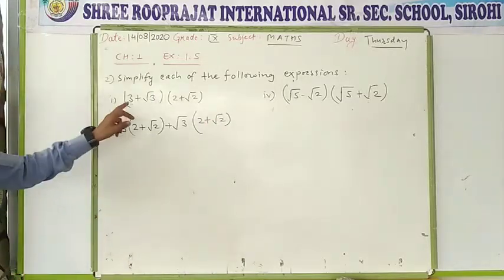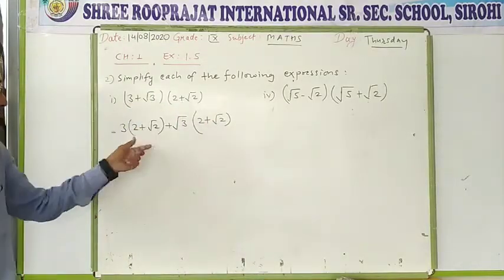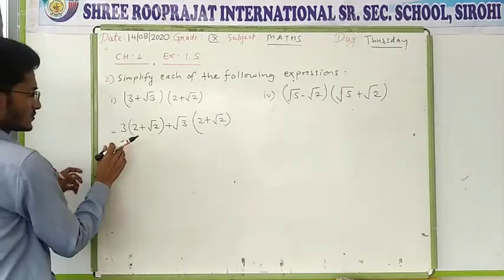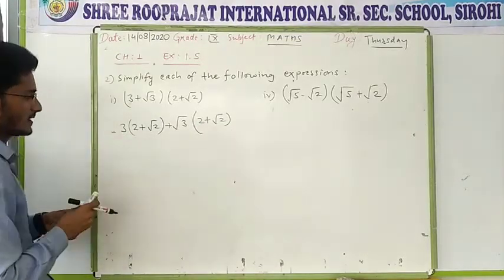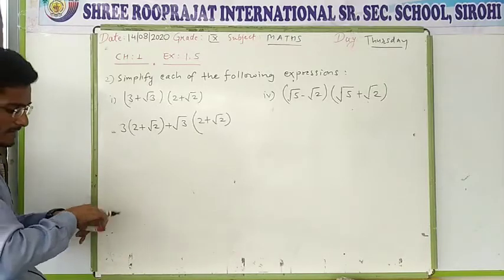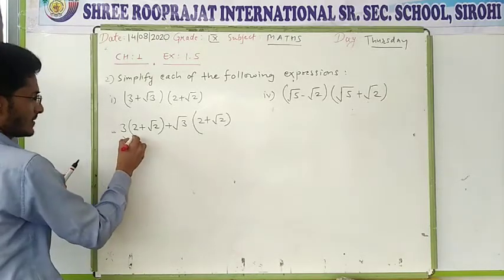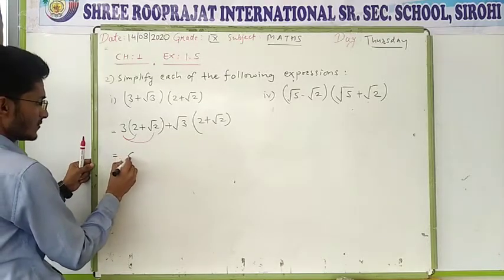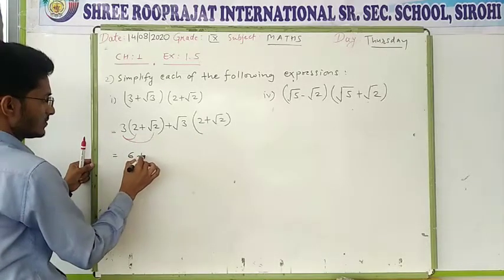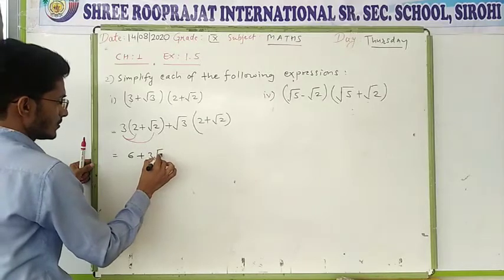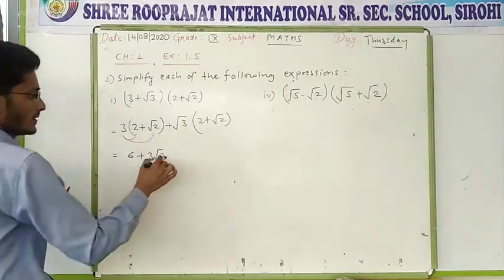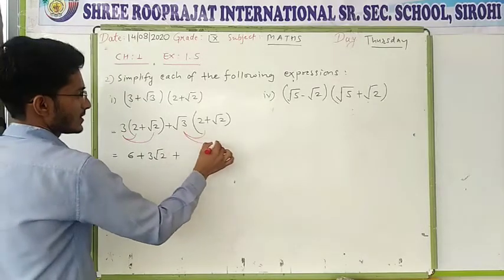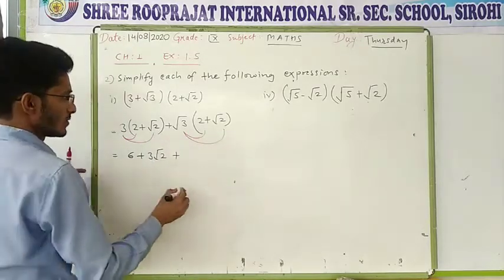Now we have to solve. 3 multiplied with 2 and then 3 multiplied with root 2. So 3 times 2 is 6 and 3 times root 2 is 3 root 2. Next one same, root 3 multiplied with 2 and root 3 multiplied with root 2.